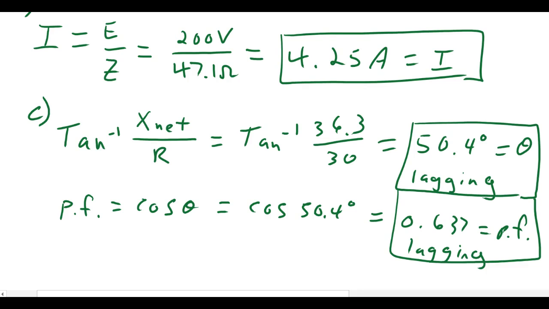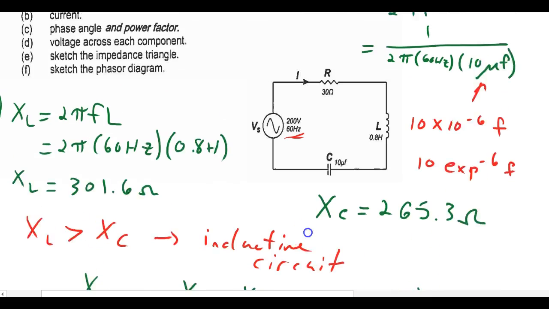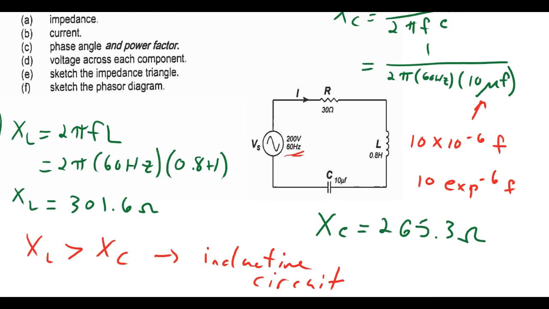Now, D asks us to calculate the voltage across each component, and typically that means that we will do each component individually. And so as we can show then on the circuit, we have VR, we have VL, and we have VC.